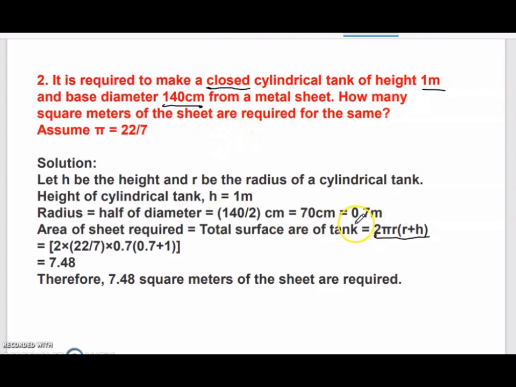So here I have converted 70 centimeter to 0.7 meter. Either both have to be in centimeter or both have to be in meter. Then when you substitute all the given values and solve, you will get 7.48 square meters of the sheet. So this is the surface area of the cylinder. So these many square meters of the sheet will be required to make it.